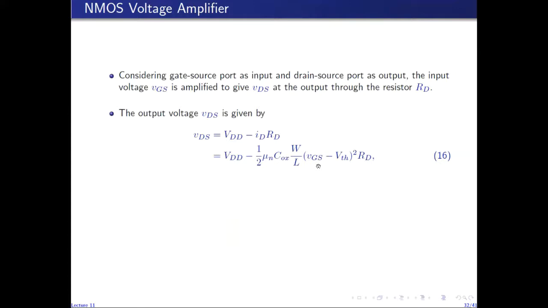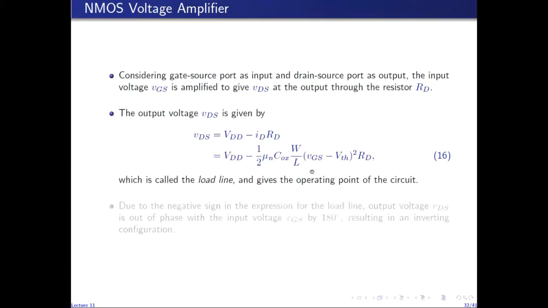So we can see that for a given VGS, the output voltage depends on the square of VGS and hence is amplified in magnitude. So this equation, which represents the operating point of the circuit, is called the load line. And due to the negative sign in this expression, we see that the output voltage VDS is out of phase with respect to the input voltage VGS by 180 degrees, which is why this common source voltage configuration is called an inverting configuration.